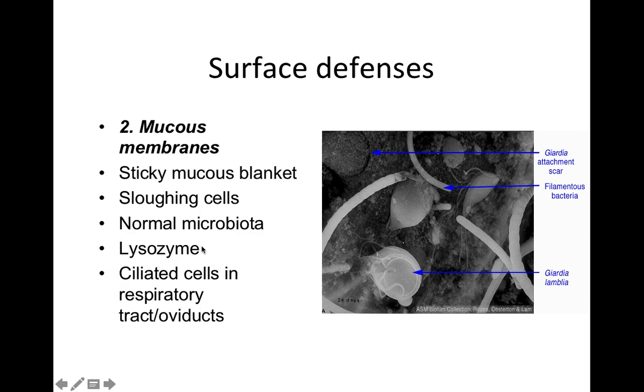In that sticky mucus blanket, there'll be lysozyme, that hydrolyzes peptidoglycan. And then, folks, we've already introduced you to the concept of the ciliated cells in the respiratory tract when we were talking about damage caused by viral infections, and we'll also see, folks, on one of the following slides, we'll discuss the ciliated cells of the oviducts or fallopian tubes in women.